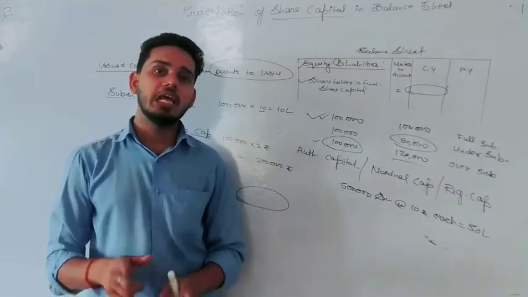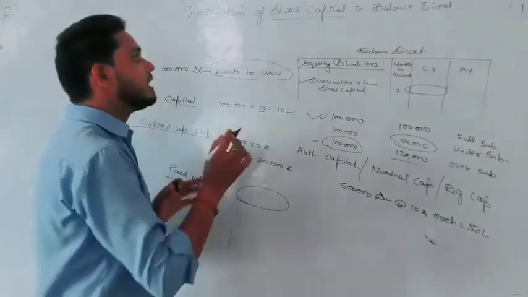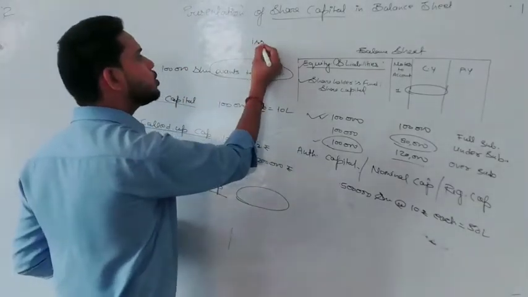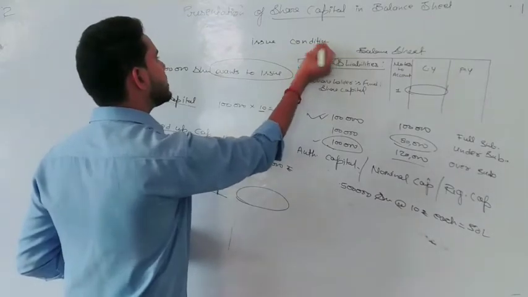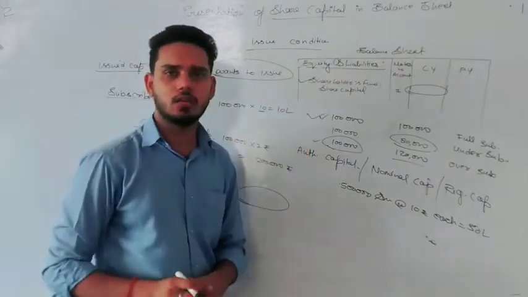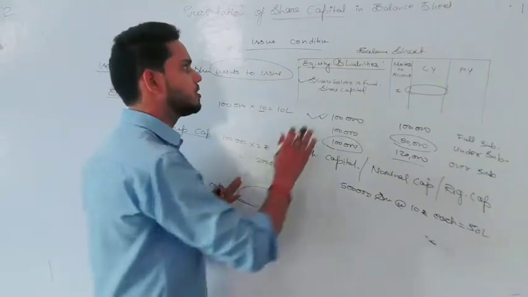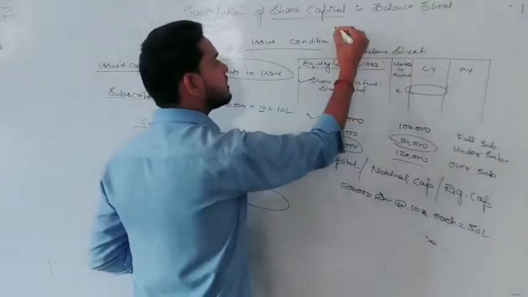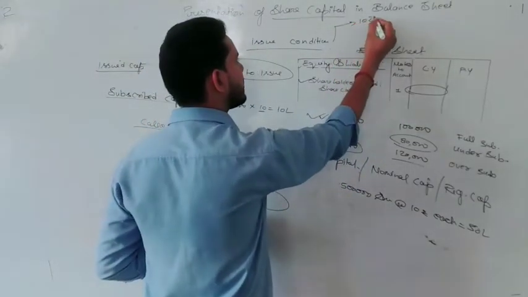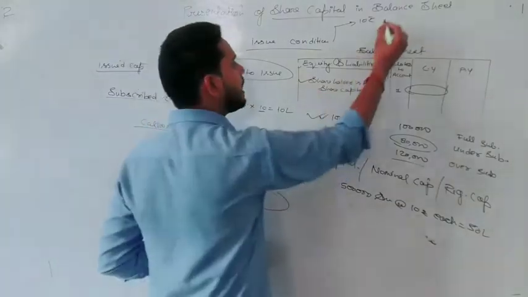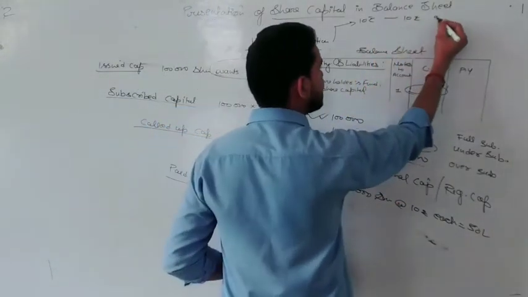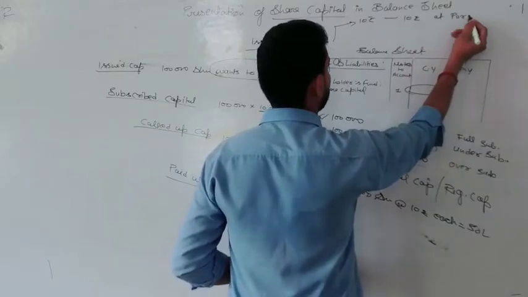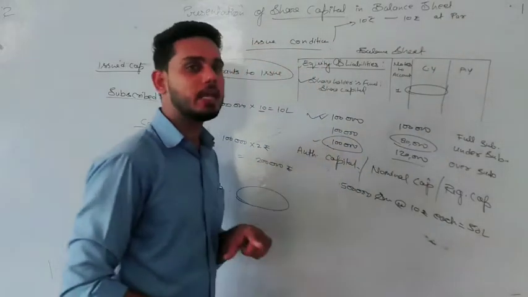But before that, let's understand one more thing, that is related to issue condition. Now what does issue condition mean? See, if you want to sell something, you can sell it in 3 situations. First, the value of something is 10 rupees and you want to sell it for 10 rupees. That is known as selling at par. At par means at the same price.